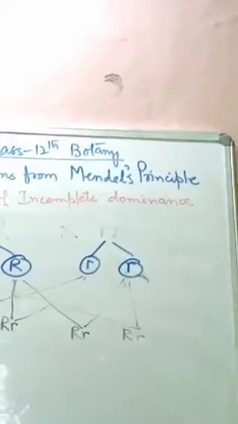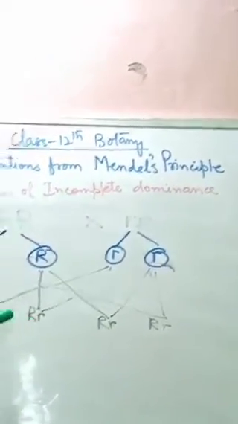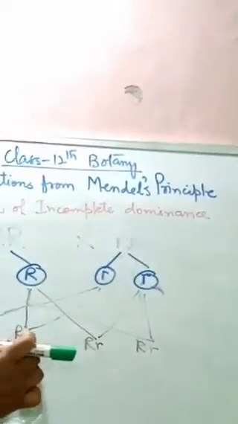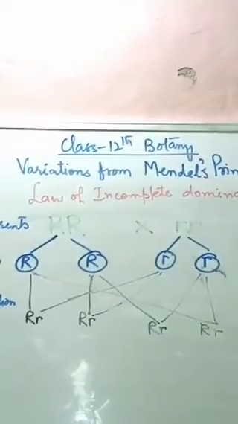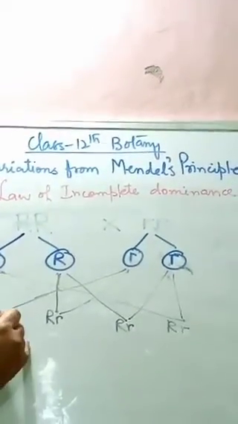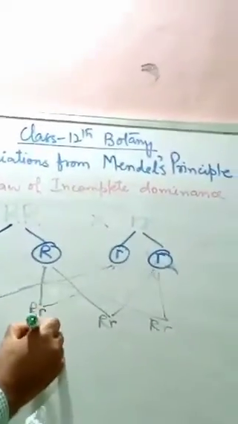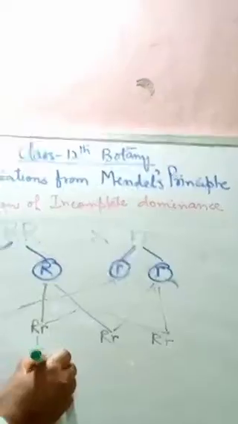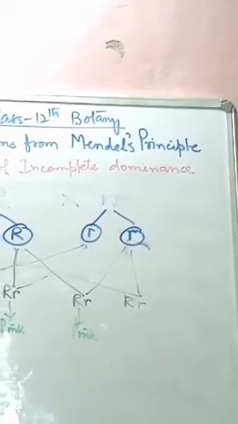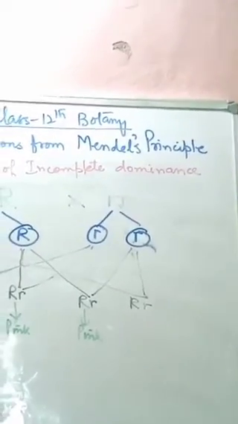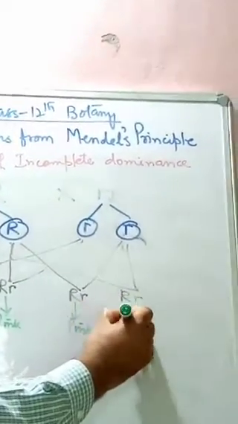But according to Mendel's law of dominance, these must be red. लेकिन जब हम रिजल्ट देखते हैं, we get surprised because the color is not red, it is pink. This also is pink, and this also is pink.